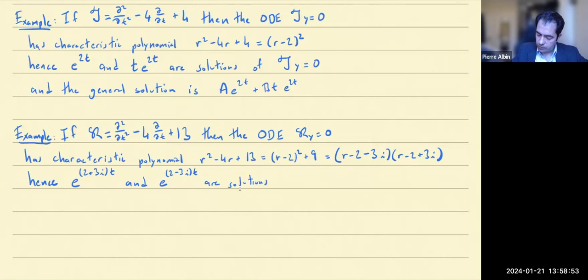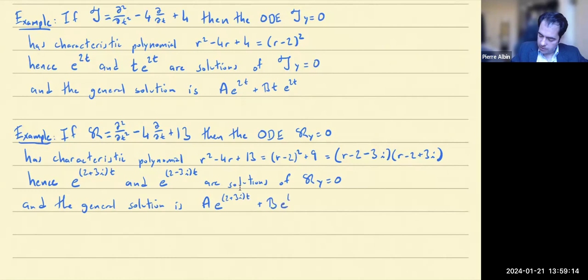These are solutions of R of y equal to 0, and they're linearly independent. So the general solution is a times e to the 2 plus 3i times t plus b times e to the 2 minus 3i times t.